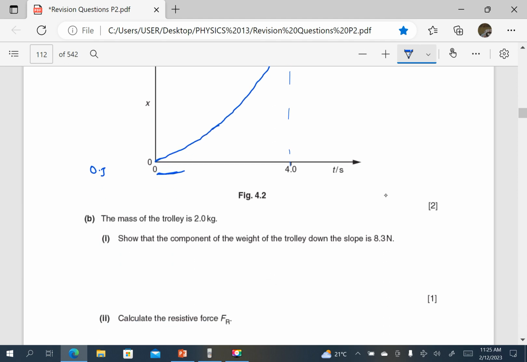The mass of the trolley is 2 kilograms. Show that the component of the weight of the trolley down the slope is 8.3. We have seen that the component of the weight down the slope is mg sine theta.